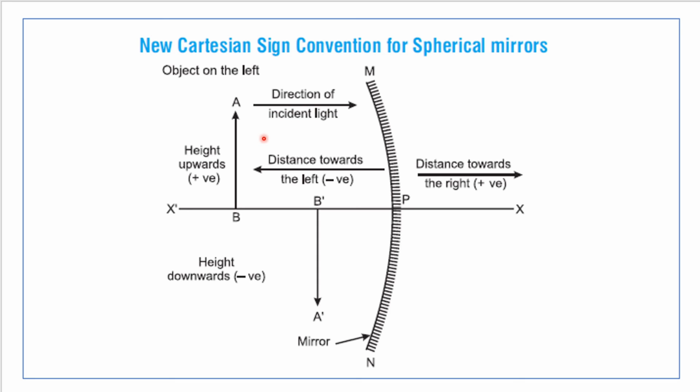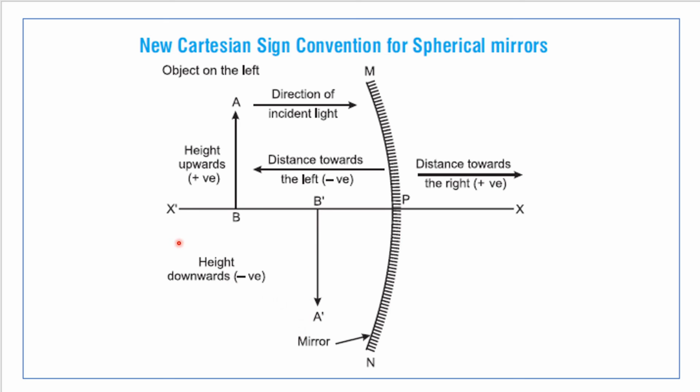The first sign convention: distance measured along the direction of the incident ray is positive. If it is in the opposite direction of the incident ray, then the distance is negative. So distance towards the left is negative, distance towards the right is positive. Height above the principal axis is positive, below the principal axis negative.